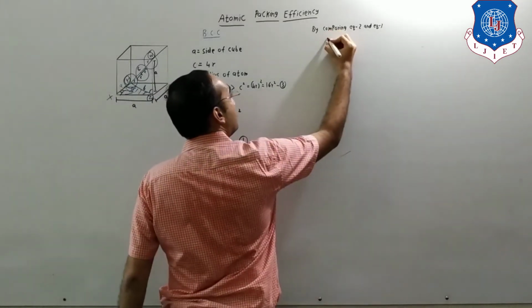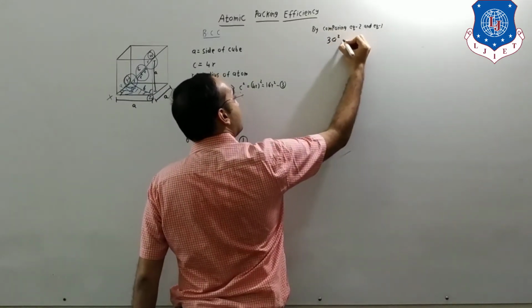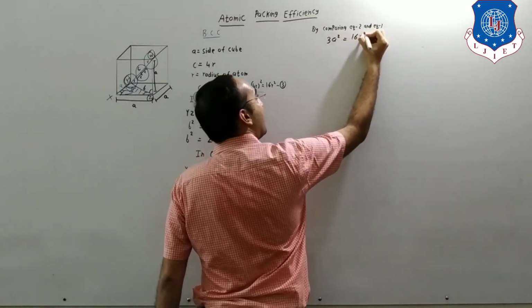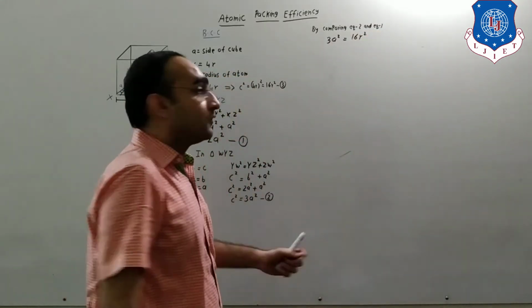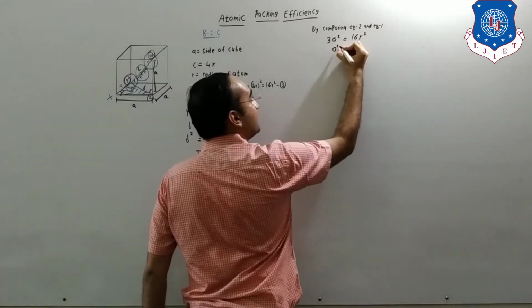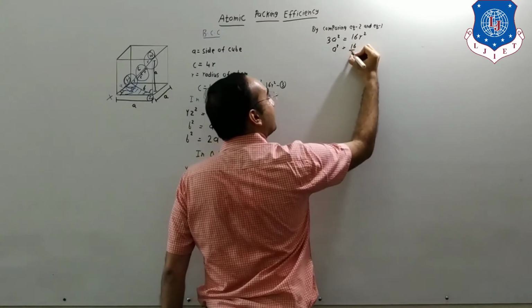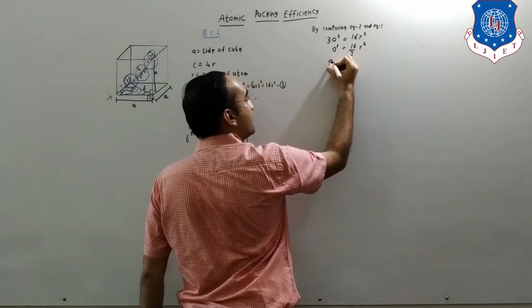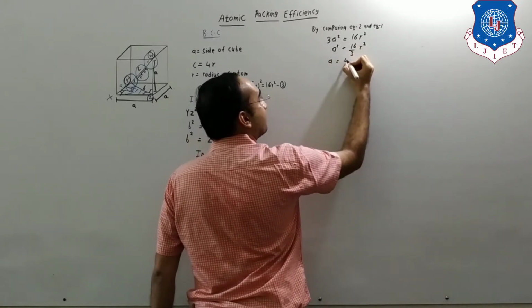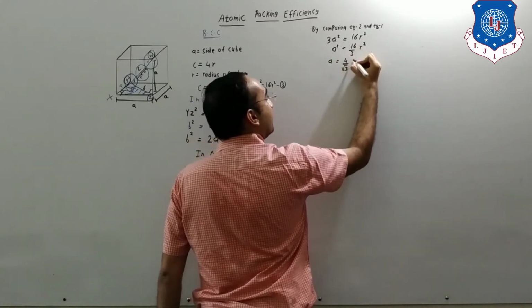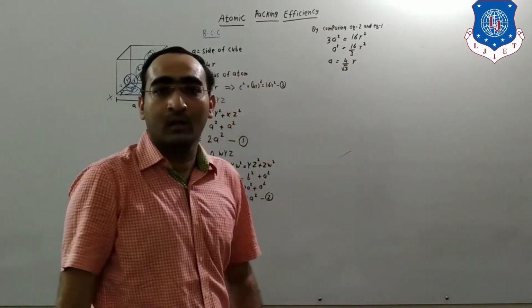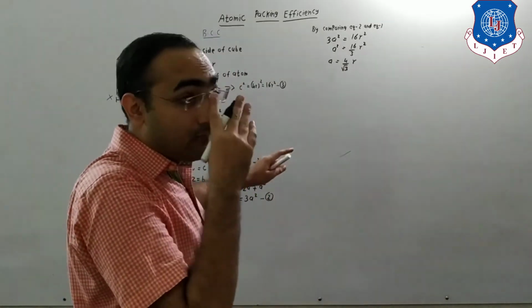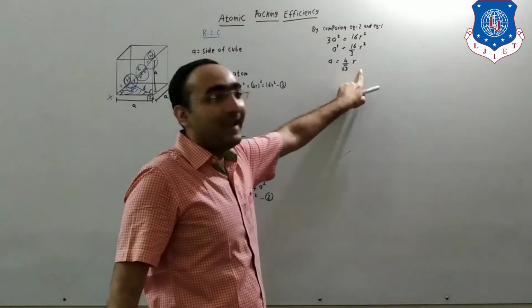So it will be 3a square is equal to 16r square. So A square is equal to 16 by 3 r square. So A will be equal to 4 divided by root 3 r. Clear? So now we have got the relation between A and R.